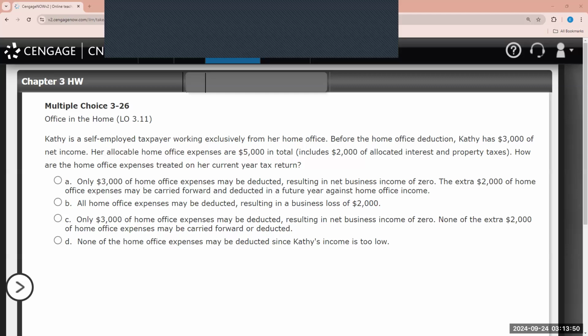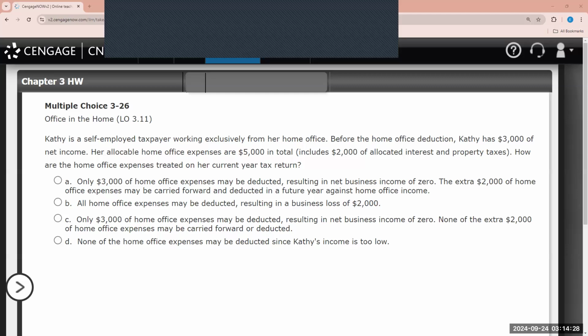So the general rule for home office states that taxpayers are not allowed to deduct the use of the home office unless there are specific rules. If they use the space on a regular basis and exclusively as the taxpayer's principal place of business, if it's used exclusively on a regular basis by patients, clients, or customers for meetings in the normal course of operations, if there's a separate structure not attached to the dwelling unit, or if it's used on a regular basis in the taxpayer's trade or business.